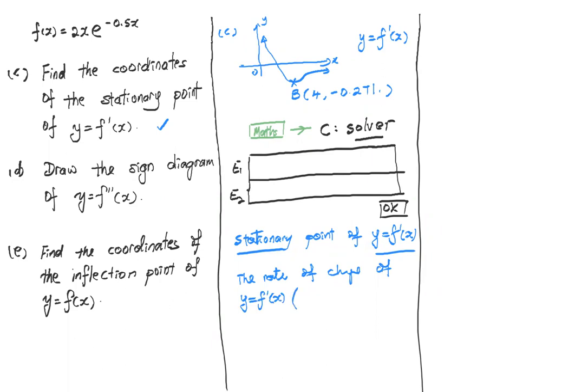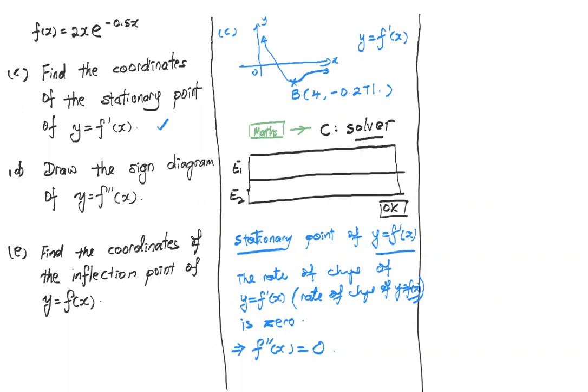This is the rate of change of f x. Correct? F prime x is the rate of change of f x, correct? It is 0. So mathematically, this implies that f double prime x equal to 0.